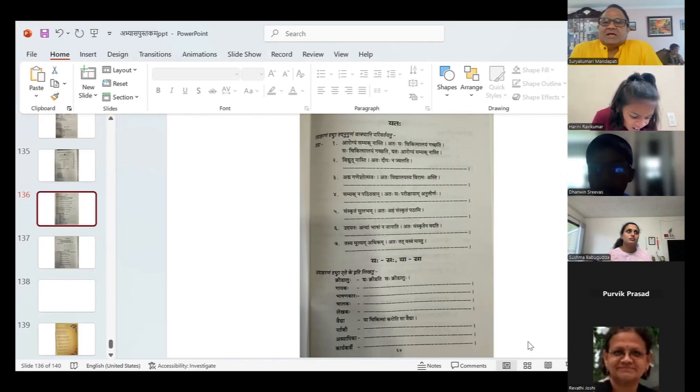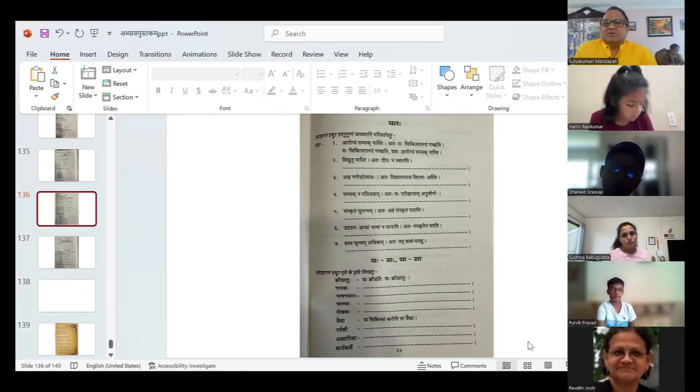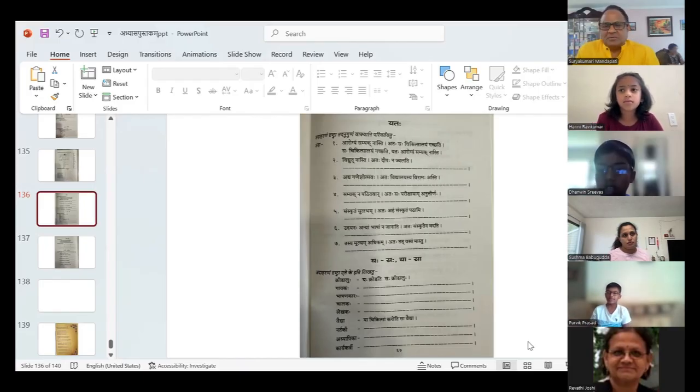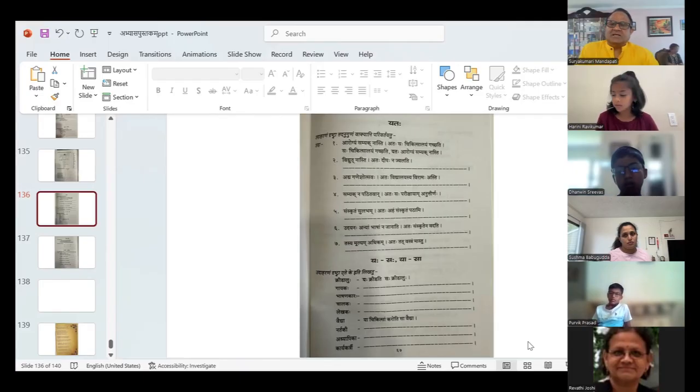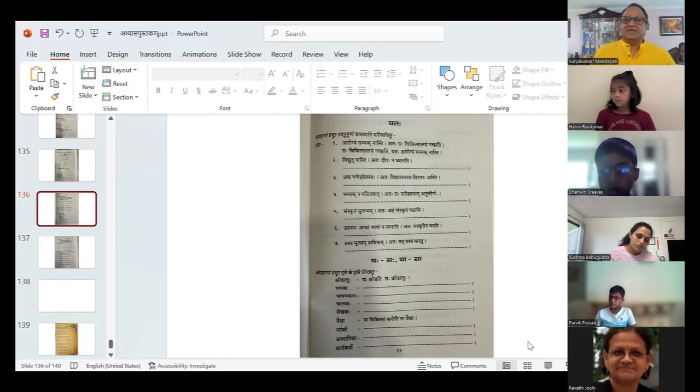I repeat, अद्य संस्कृतवर्गः अस्ति, today there is Sanskrit class, अतः अहम् आनन्दम् अनुभवामि, therefore I am feeling happy. The same thing you can say in another way: aham anandam anubhavami, I am feeling happy, yatah adya samskrita vargah asti, because there is Sanskrit class today.